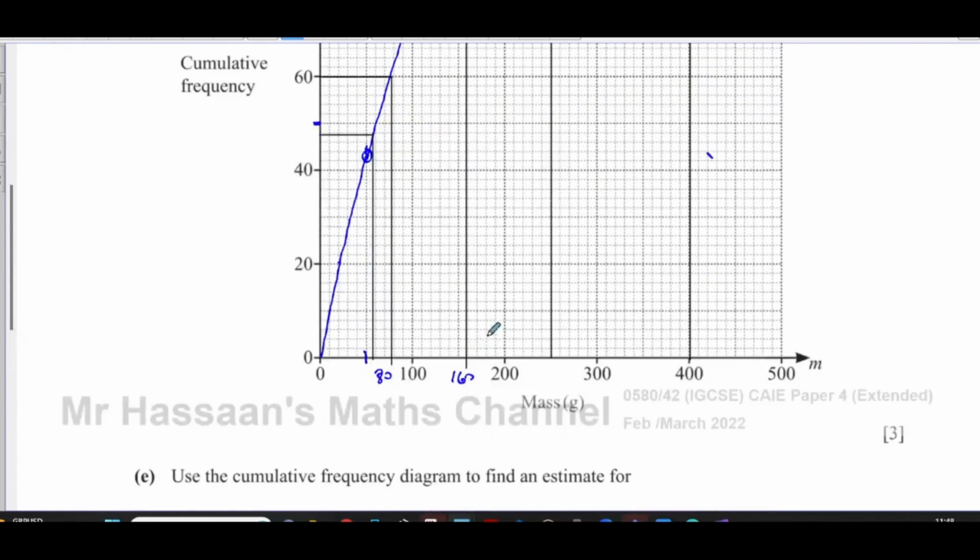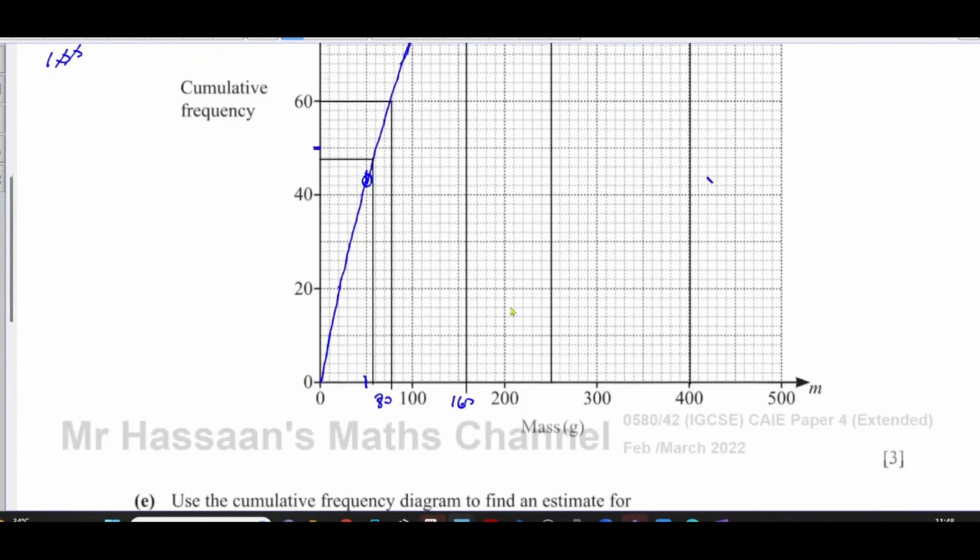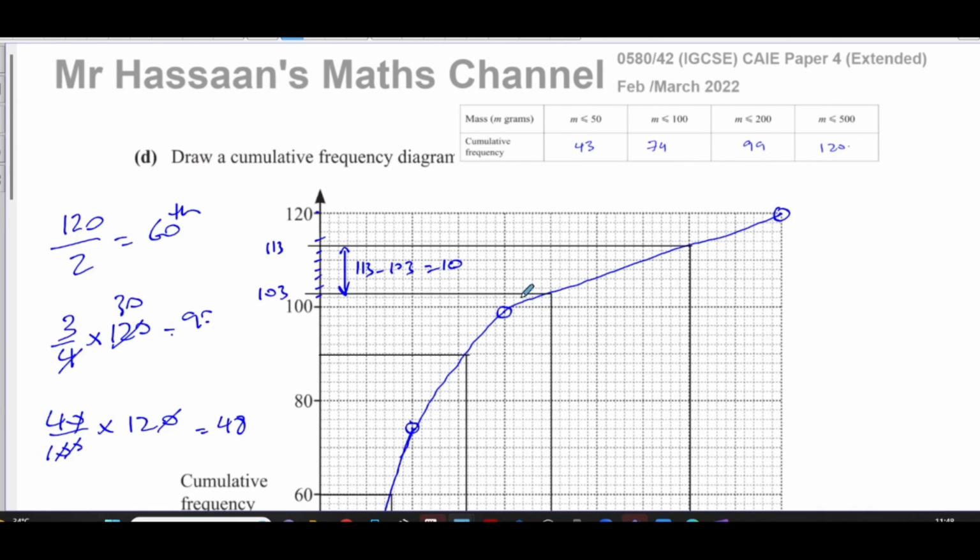So that concludes this question number 5 from this February-March 2022 IGCSE Cambridge Paper 4 extended from the 0580 syllabus.